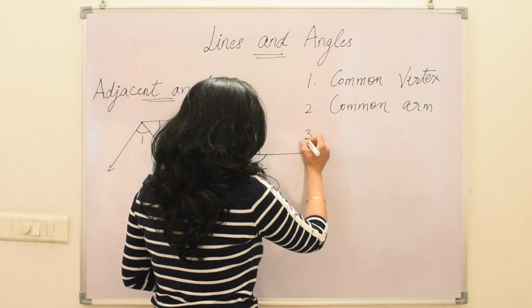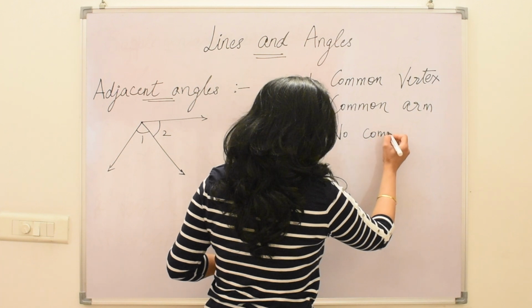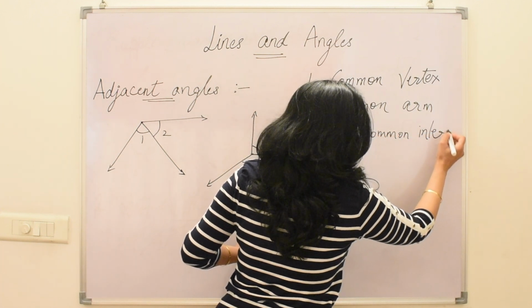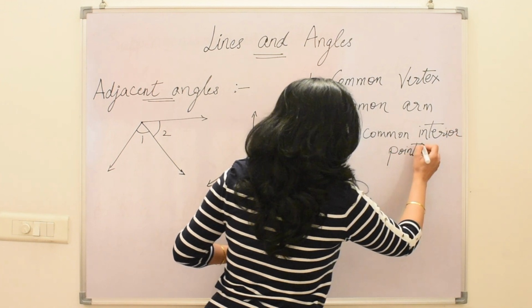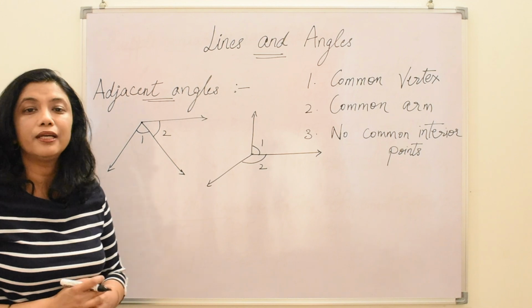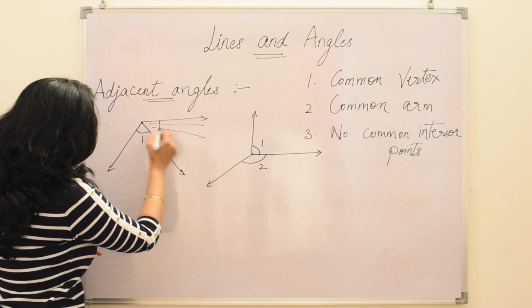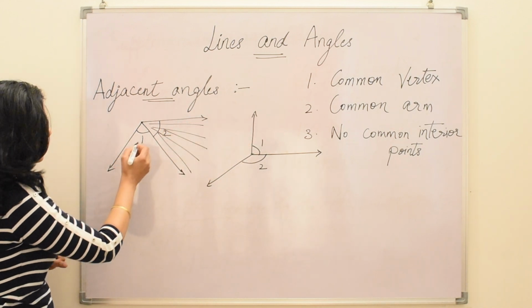And thirdly, they should have no common interior points. They should not share common interior. See here, the interior of angle 2 is this. It can be extended further.